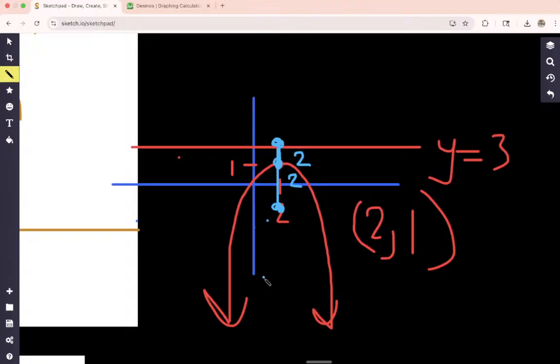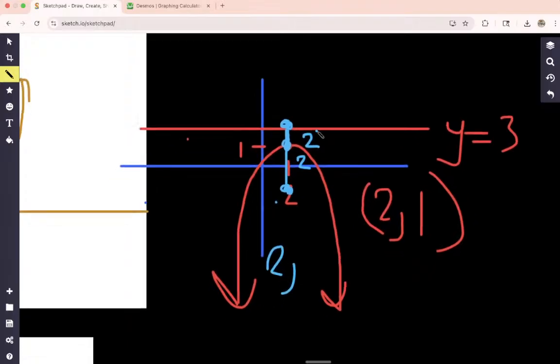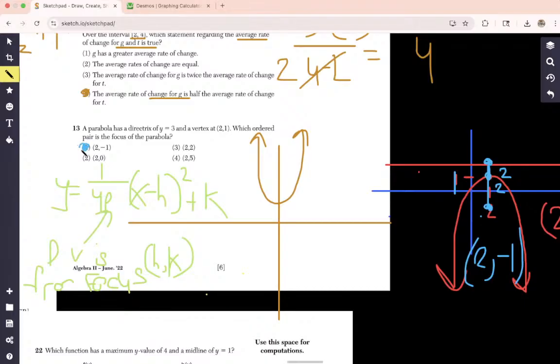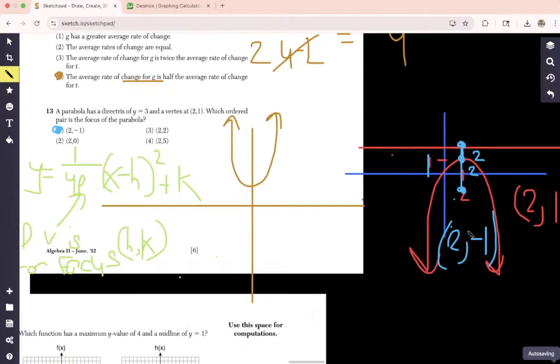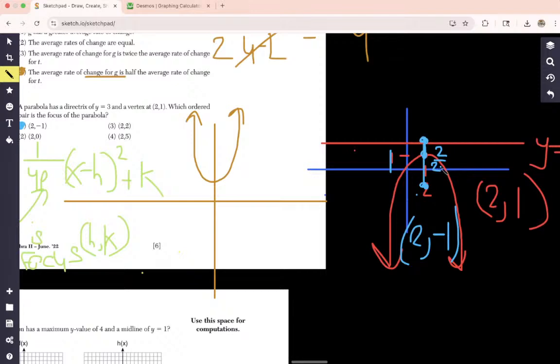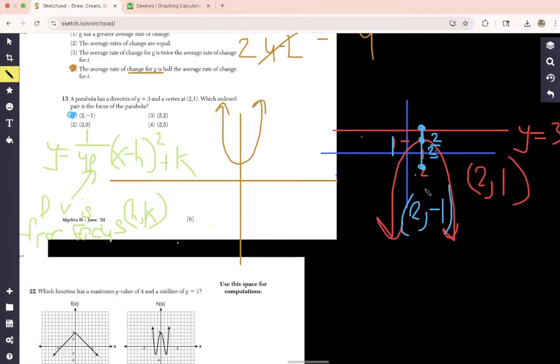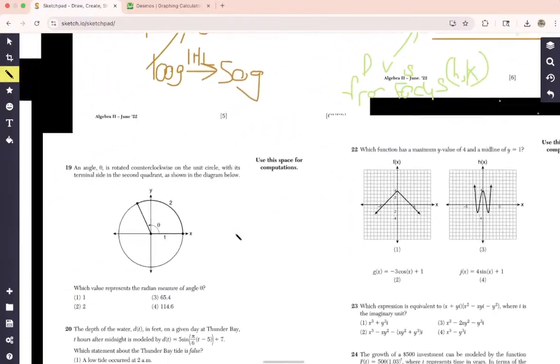You're still going to have the same x value, but your y value is going to go to -1, because 1 minus 2 is -1. So the answer is (2, -1). Your x value in this case does not change, because you're going downwards. That's pretty much it for this one.